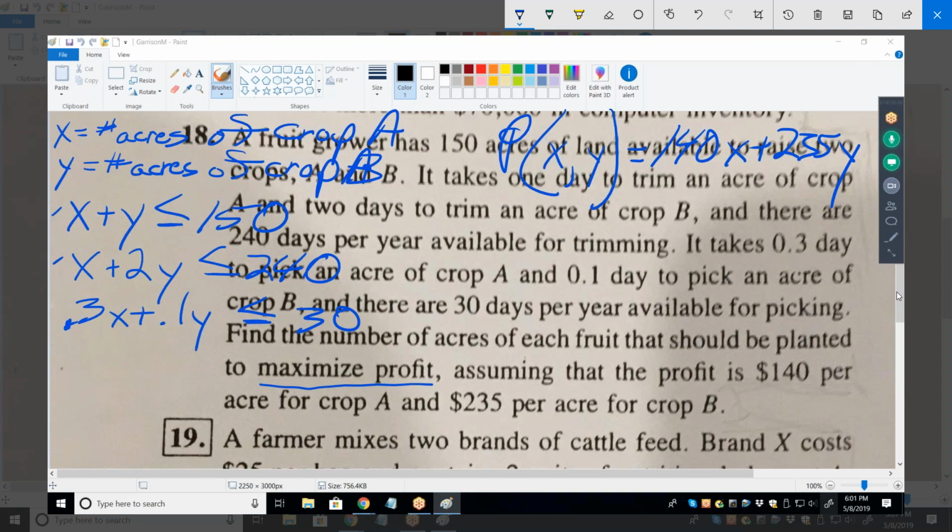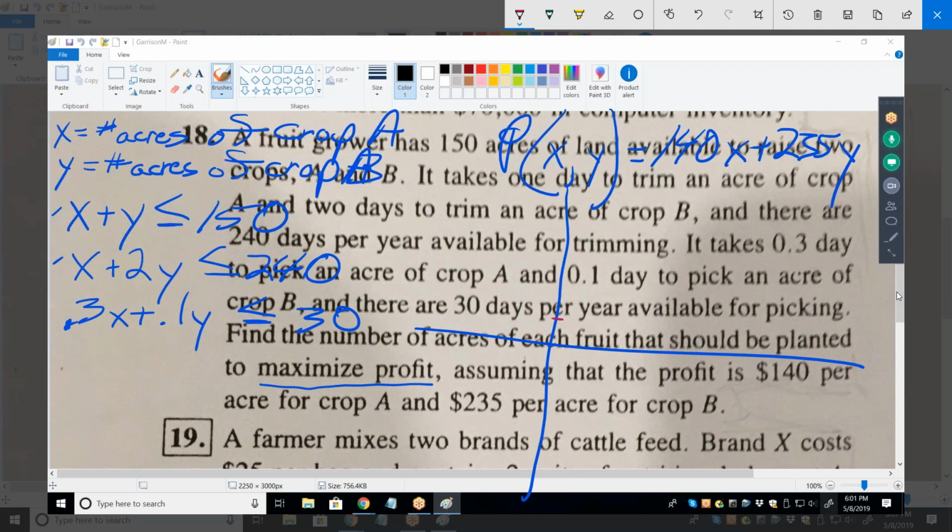Now what we're going to do, it's going to be hard to see because I'm writing on top here. Let me change colors. I'm going to plot this first equation. Let me put some numbers here.